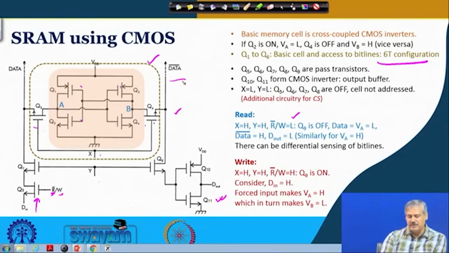So, whatever is the data bar, its inversion is available as D out. So, if this Q2 is on, that means the output will be high, and if this is off, the output will be low. Is it clear?